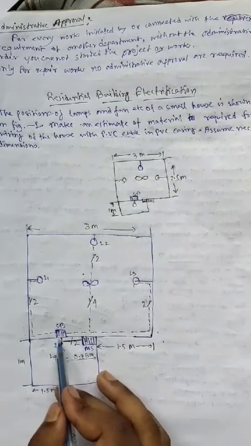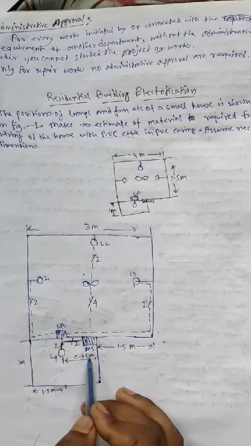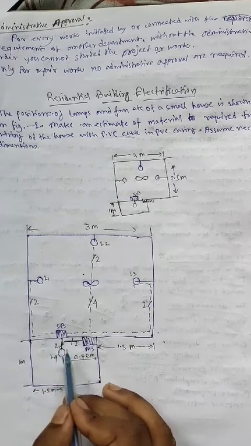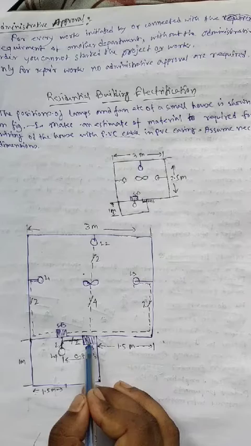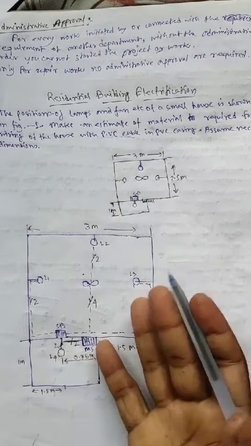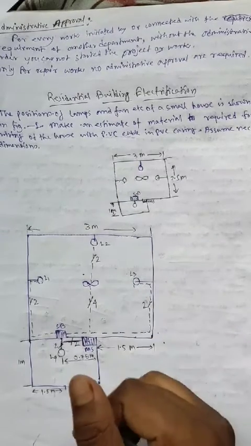So this is half of 1.5 meter, here to here 0.75 meter, and here to here 0.75 meter. You can assume anything in this drawing.